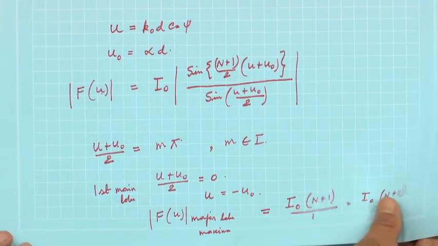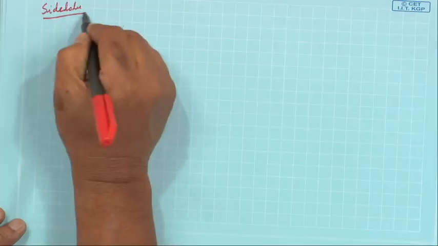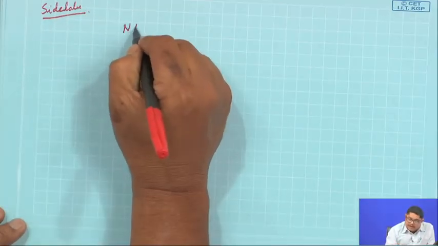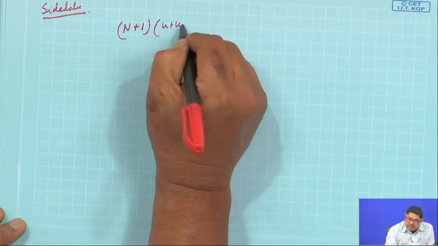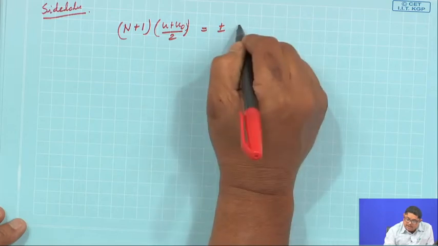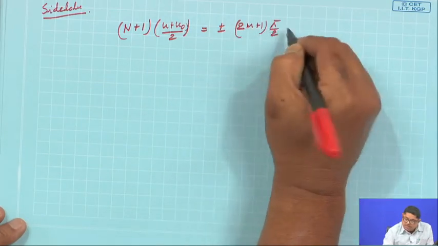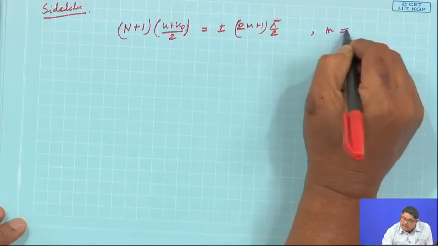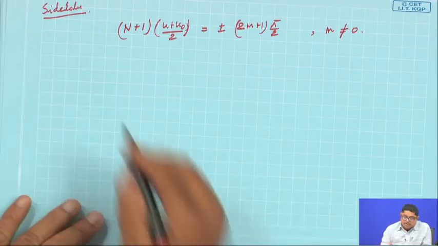So put that condition: the side lobe maxima condition is (n plus 1)(u plus u naught) by 2 equal to plus minus (2m plus 1) pi by 2, and I will have to exclude the main lobe condition.